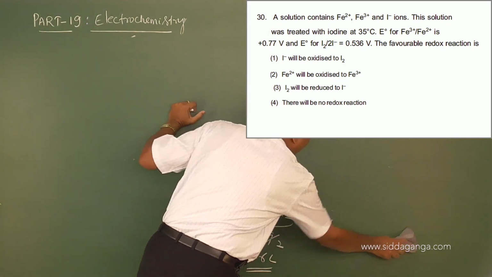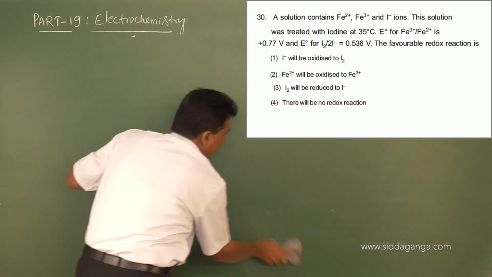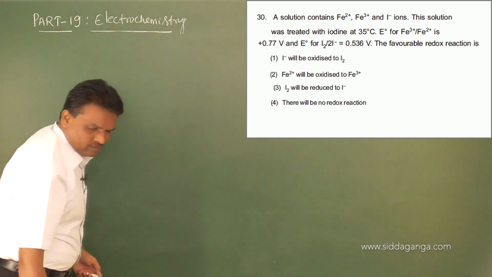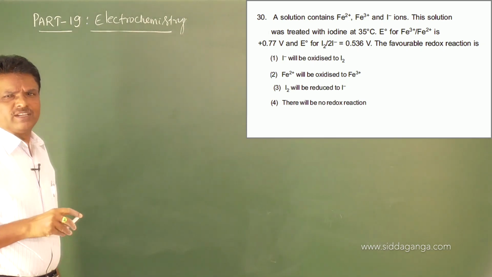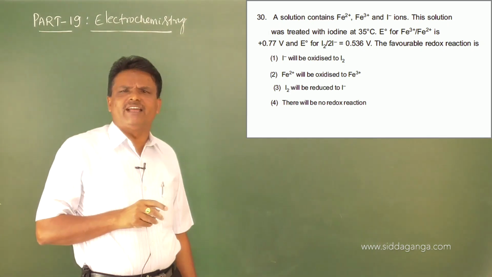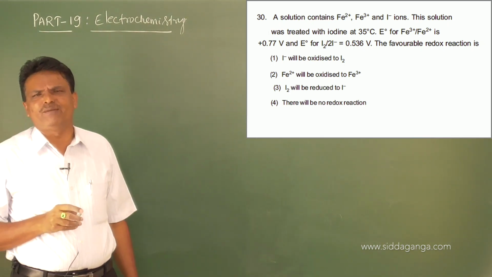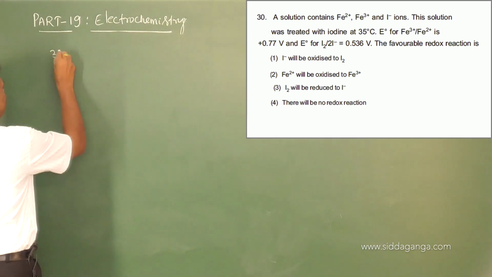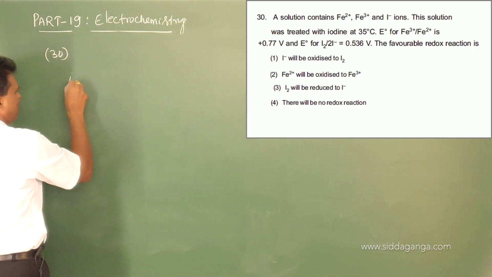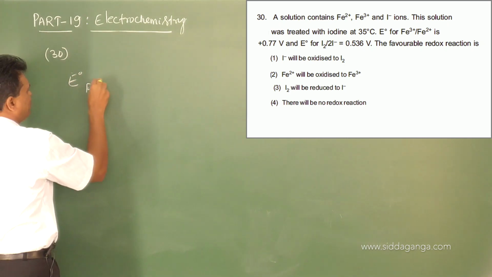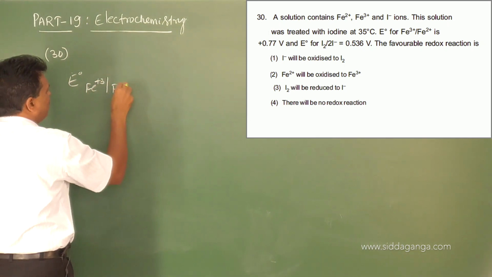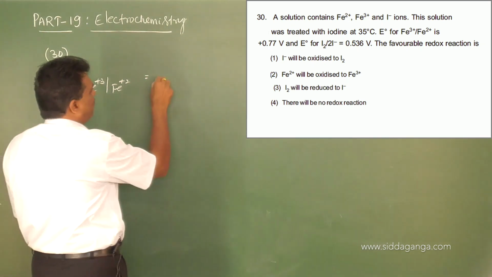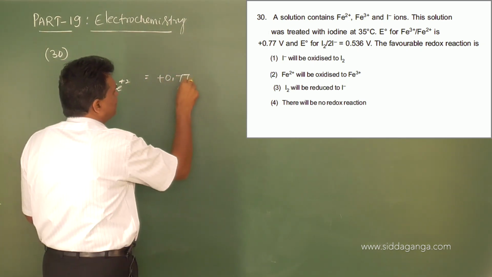So E0 value, standard reduction potential value of Fe+3 to Fe+2. Question number 30. So E0 value for Fe+3, ferric ion to ferrous ion, is equal to 0.77 volts.